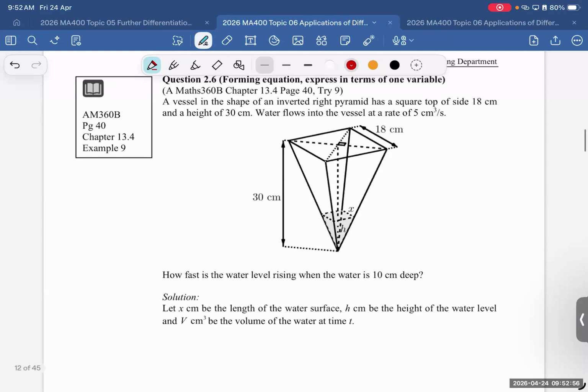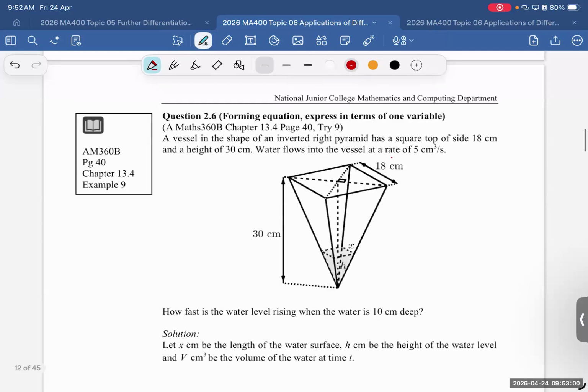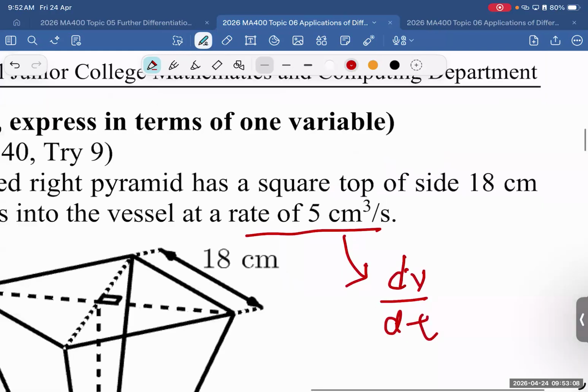That means she knows that we need V in terms of H. So I find that volume is 1/3 pi base area times height.